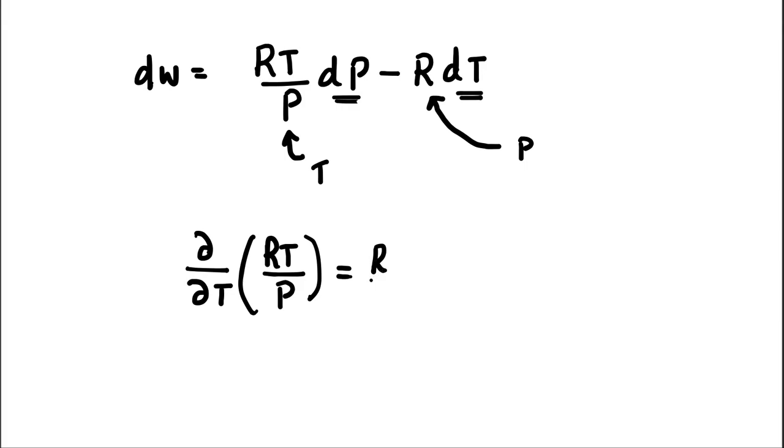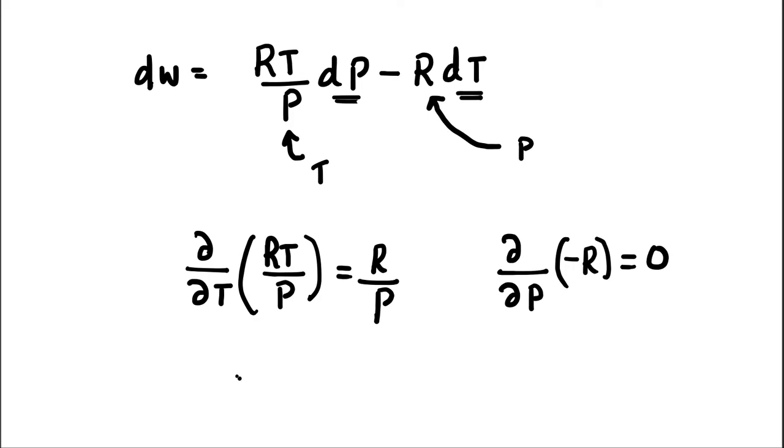So what I am getting here is r over p. Fine. Now let's take this one, that is differentiation of negative r with respect to p. So that gives 0. Let's assume df is an exact differential. Then these two must be equal.